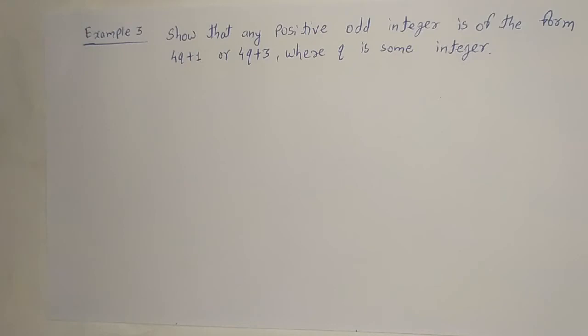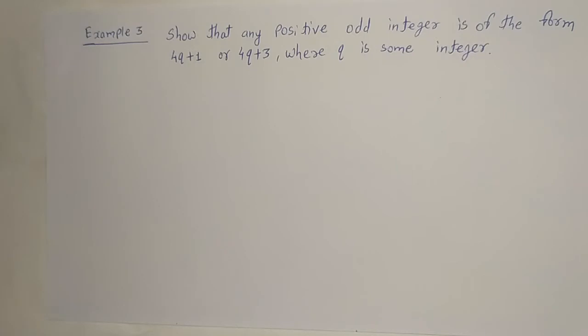It is similar to the previous example. The only thing is that in the previous example we have shown that every positive odd integer is of the form 2q plus 1. So in this example we have to show that any positive odd integer is of the form 4q plus 3 or 4q plus 1.